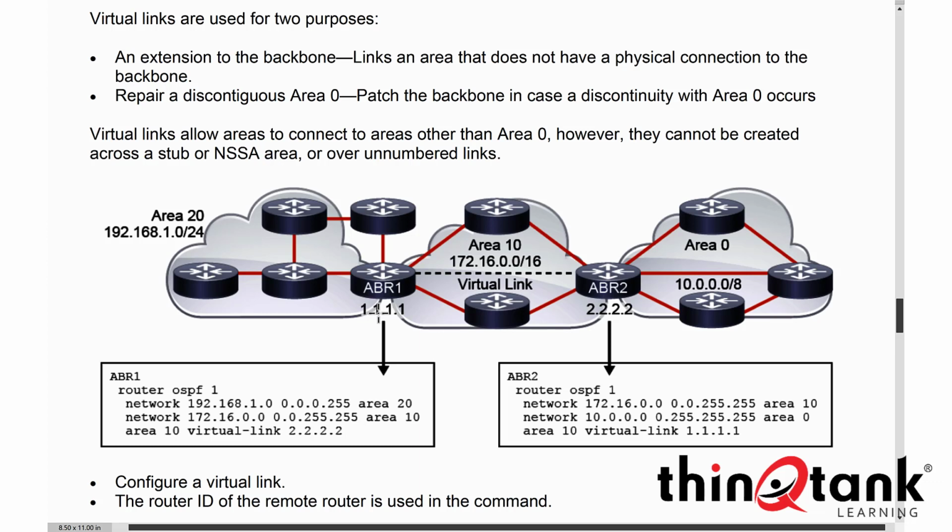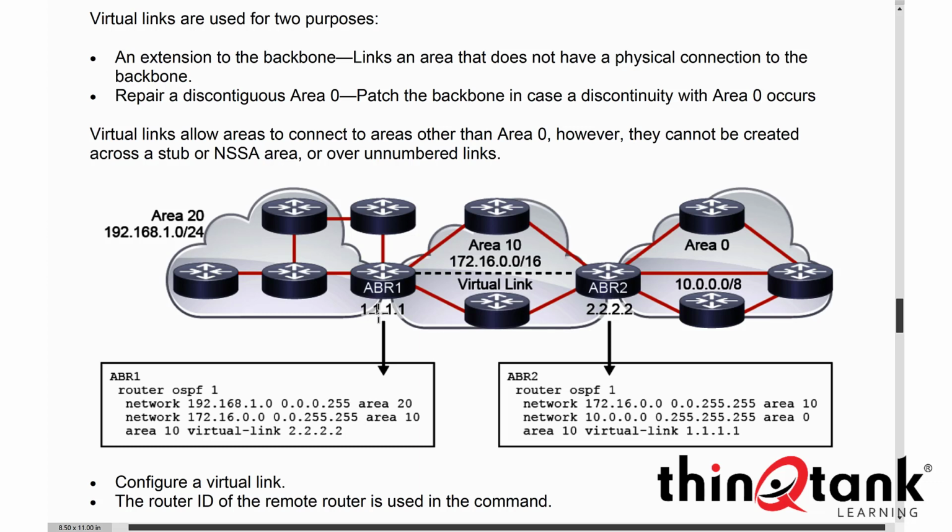And then on ABR 2, I'm going to reference 1.1.1.1, which is ABR 1. There is nothing that you need to configure on the routers in between. This virtual link is established between the ABRs directly, regardless of how many hops or how many internal routers you might have to go through to establish that virtual link.